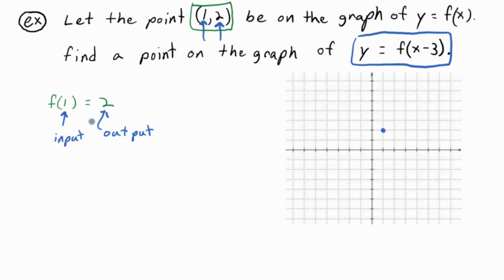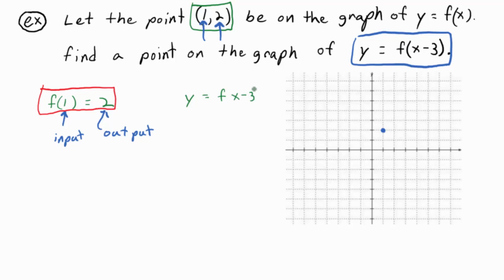Let me show you how to think about it. If you know that f of 1 equals 2, then you know that in the formula for f, if the ultimate input after you do the arithmetic inside the parentheses is 1, the output will be 2, right? So think about y equals f of x minus 3.